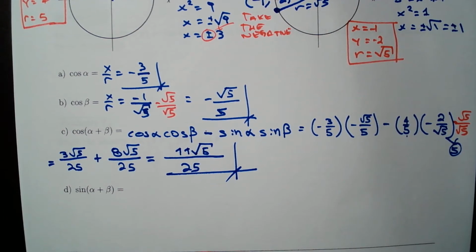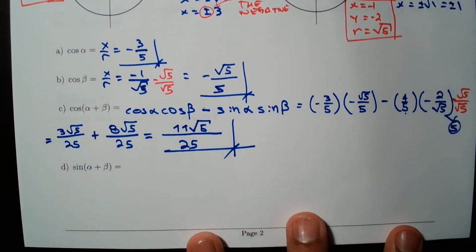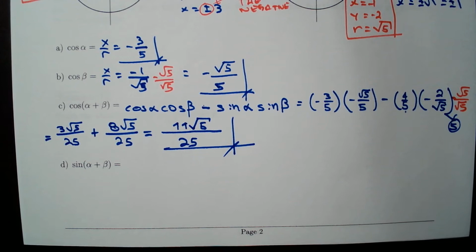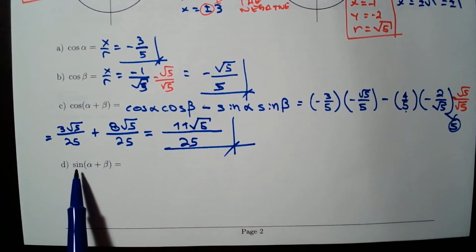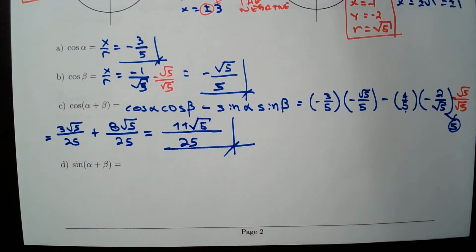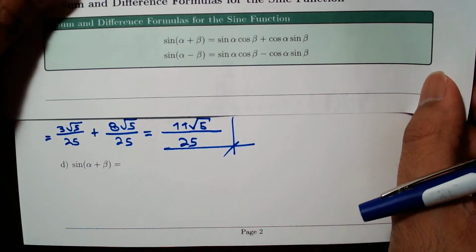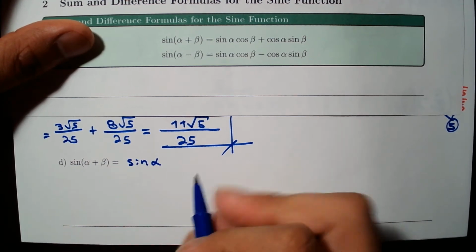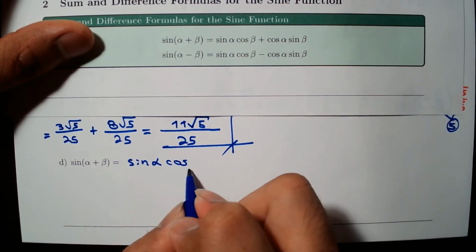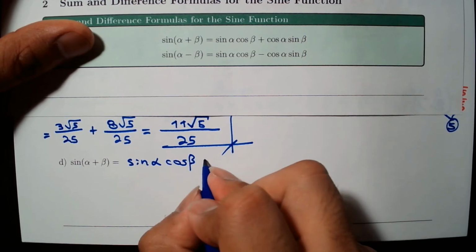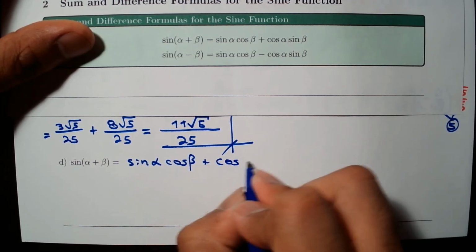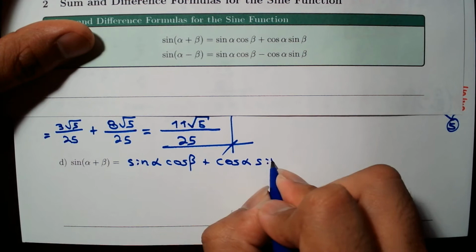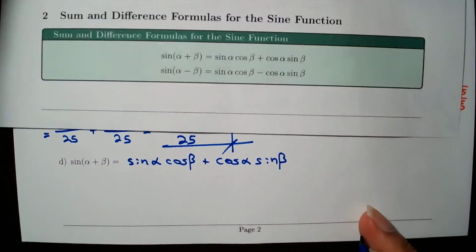All right. For the last part of this example, it's something similar. We're going to use the formula for sine of alpha plus beta, which is right here. Let me copy it down. Sine alpha cosine beta plus cosine alpha sine beta.